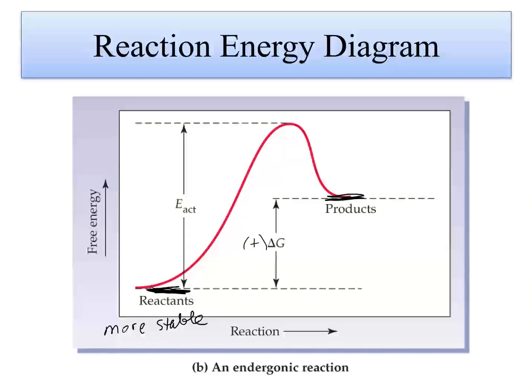The energy increases, right? Compared to the reactants, the energy of the products increases, and this requires an input of energy. That's why this reaction is endergonic or non-spontaneous. But again, the fact that this reaction is non-spontaneous is not related to the activation energy. The activation energy itself determines how fast or slow the reaction is.